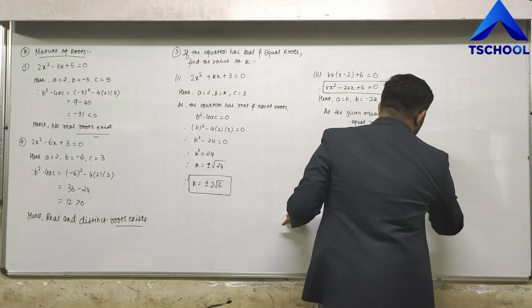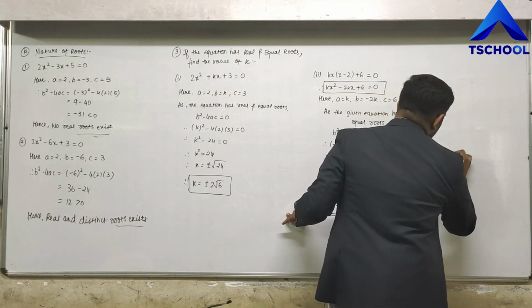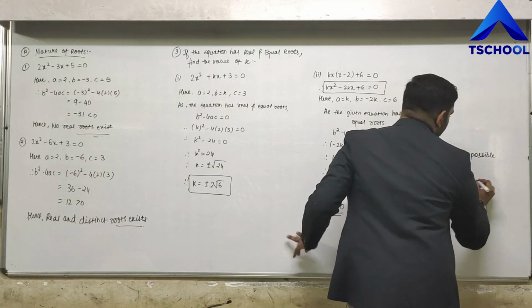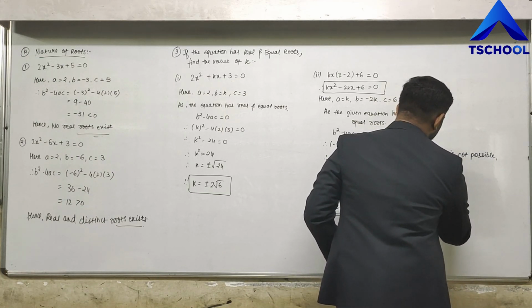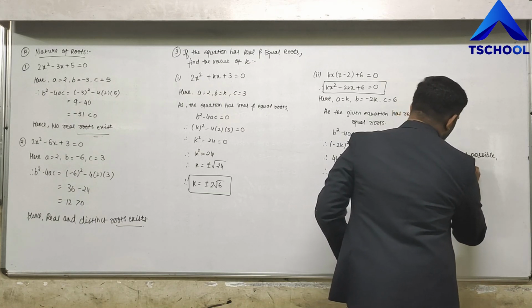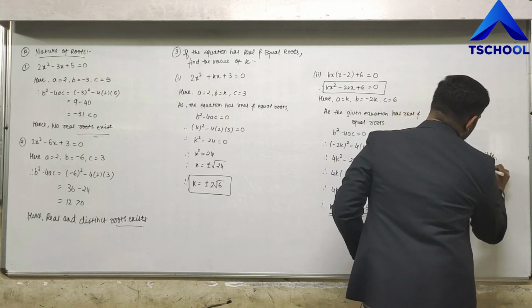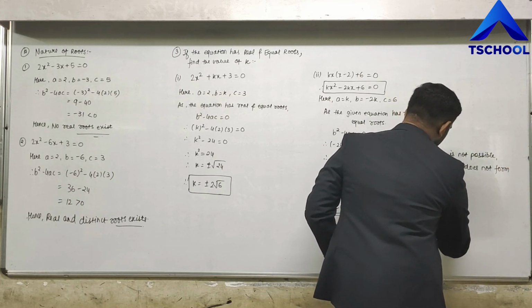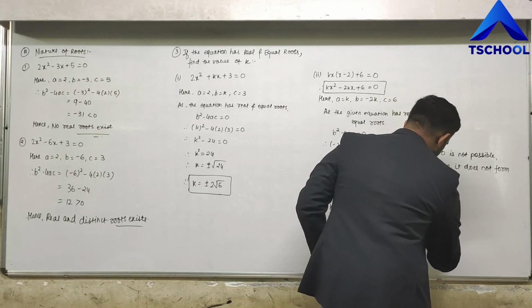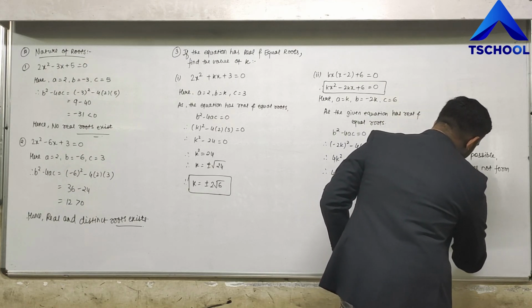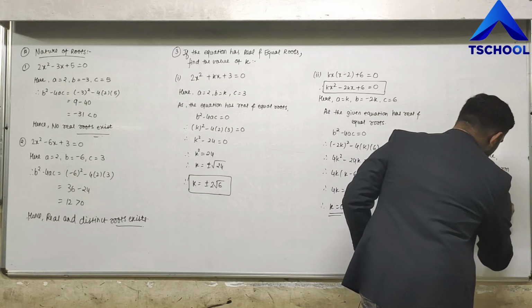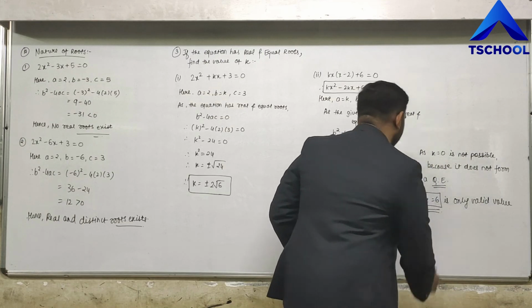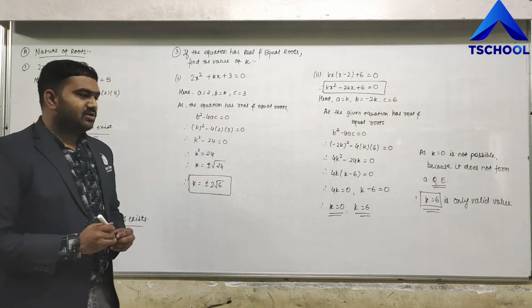Hence k equals 0 is not possible because it does not form a quadratic equation. Therefore k equals 6 is the only valid value, right? So the value of k is equal to 6 here.